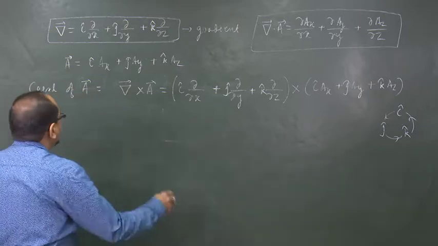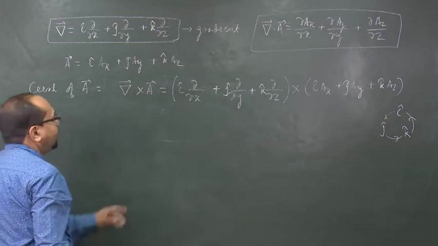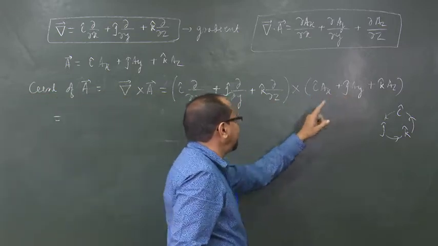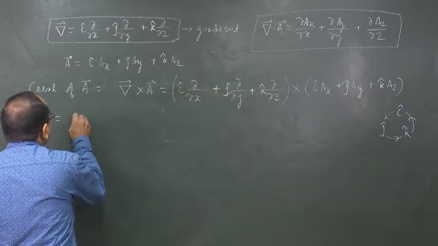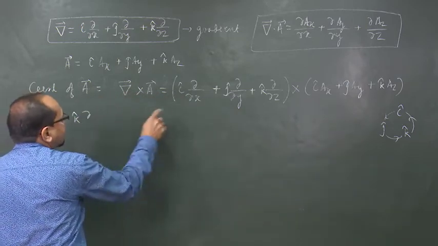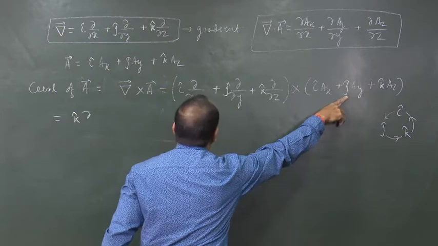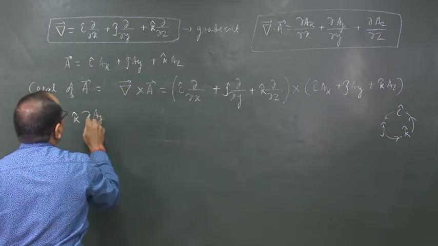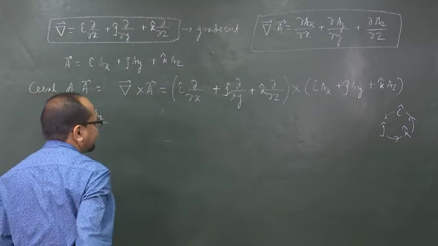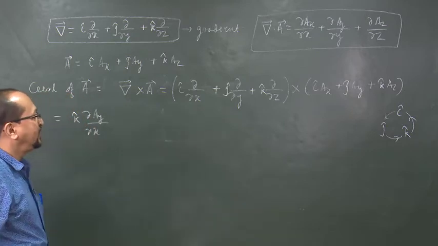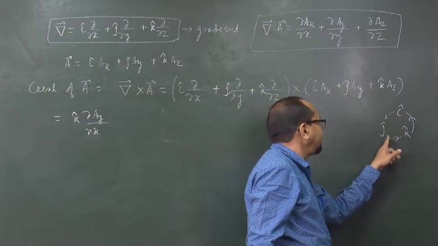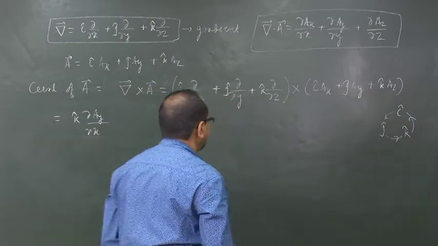So, now here i cross i is 0 and i cross j is k cap. So, it is now k cap del Ay by del x. Then i cap cross k cap is minus j cap.